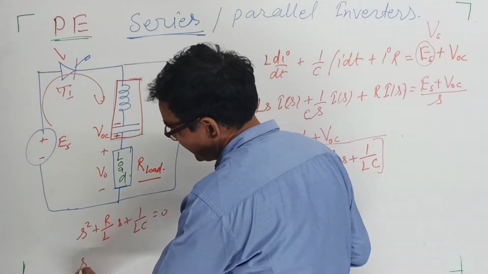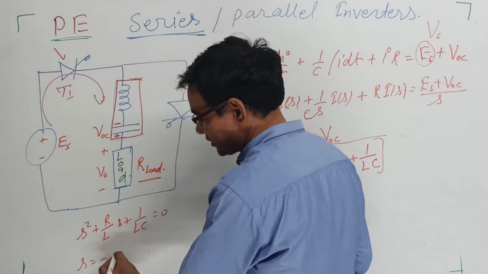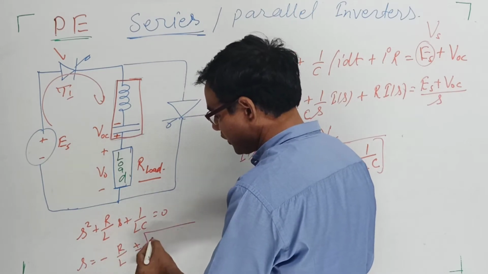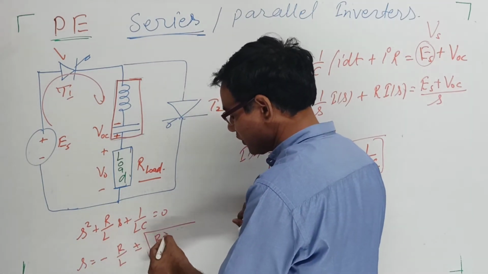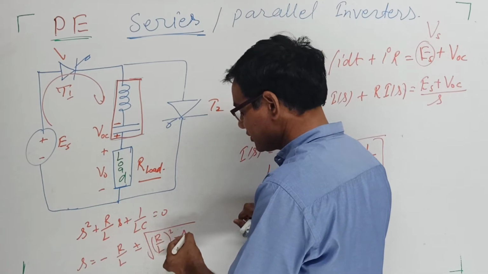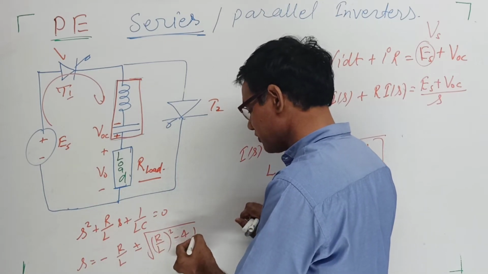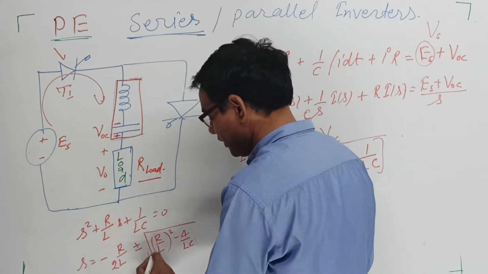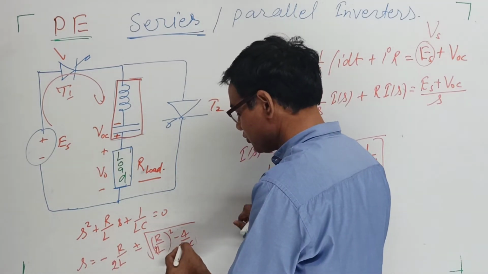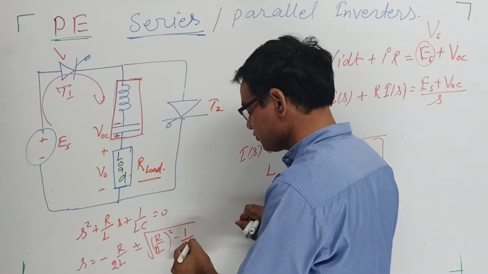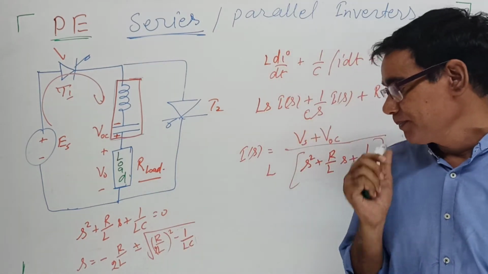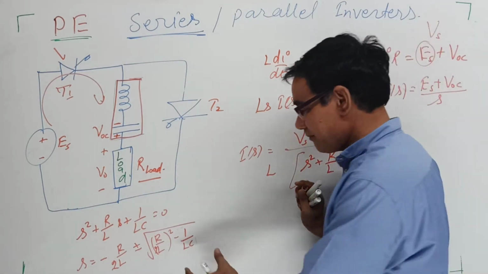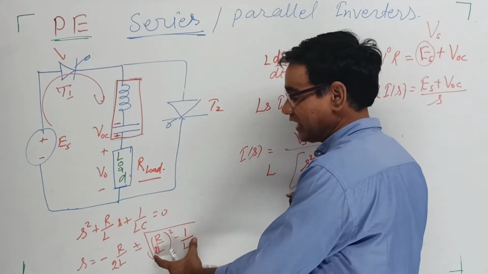So simplify: s is equal to minus R upon L plus minus under the root of b square, that means R upon L whole square minus 4ac, where a is 1 and c is 1 upon LC, upon 2a. So upon 2, the 4 gets cancelled, so it becomes 1. And it is underdamped, it means this gives a negative sign.